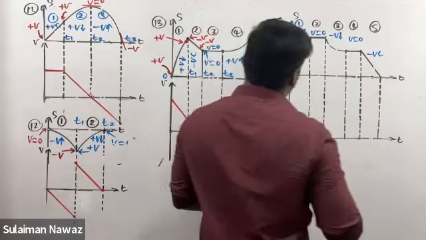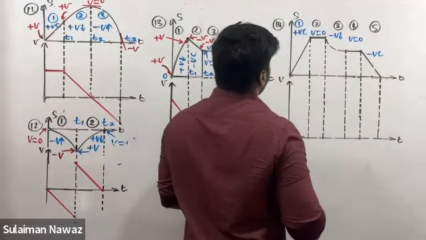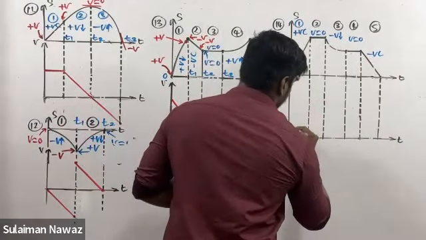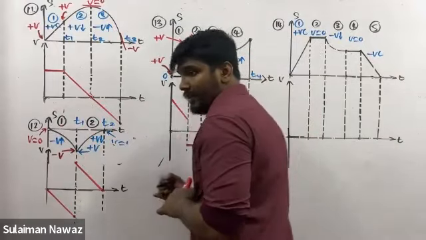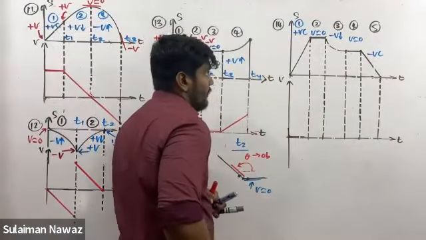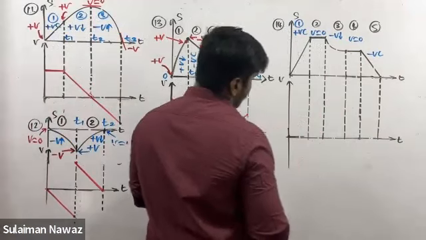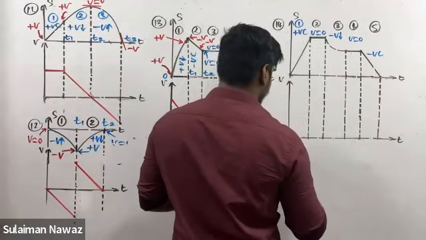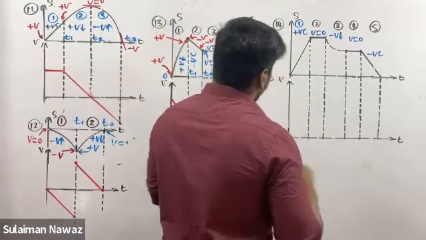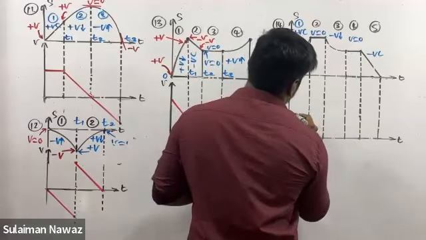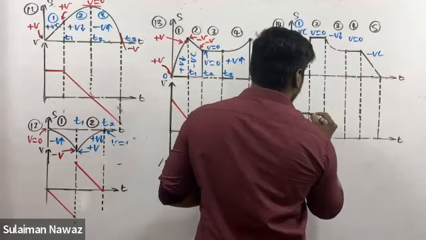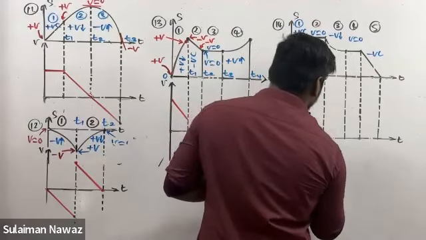Then if I draw the graph, how would the graph be? Positive velocity constant. Then velocity is 0.